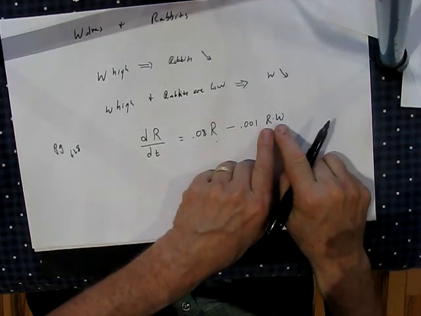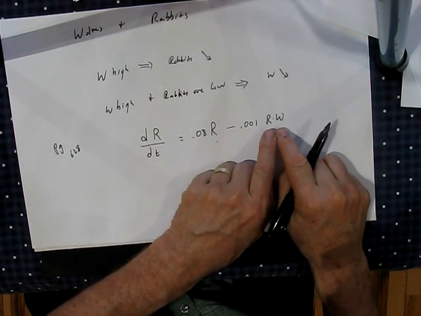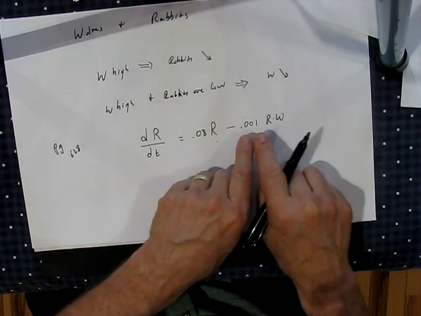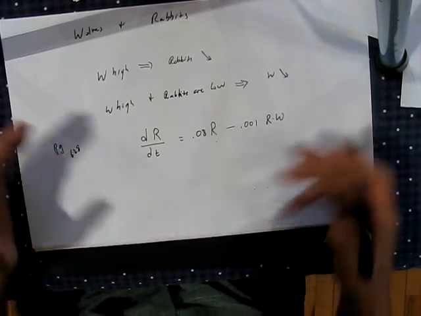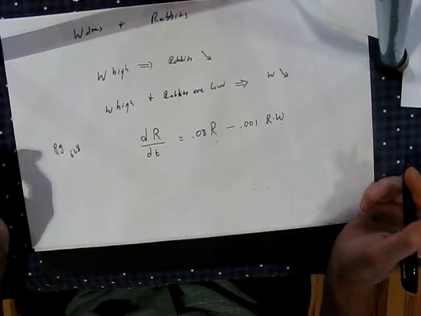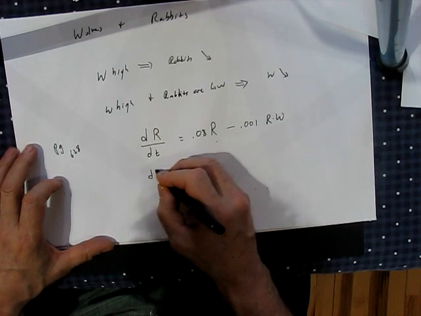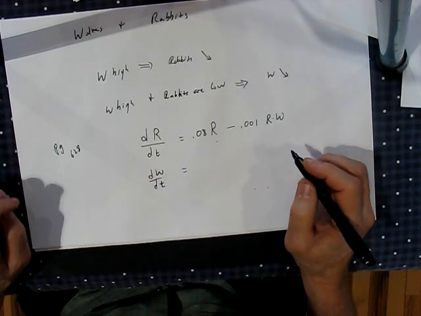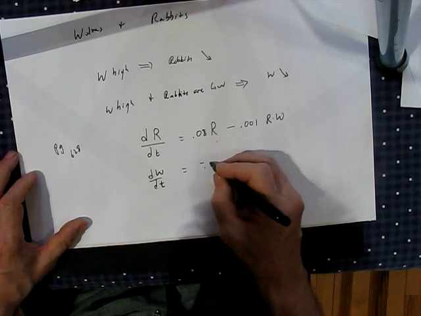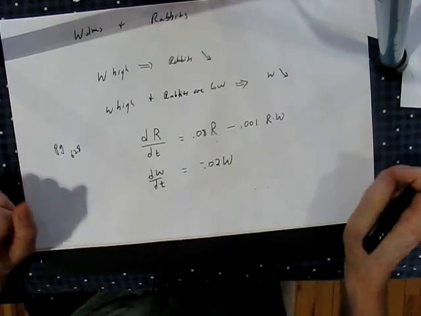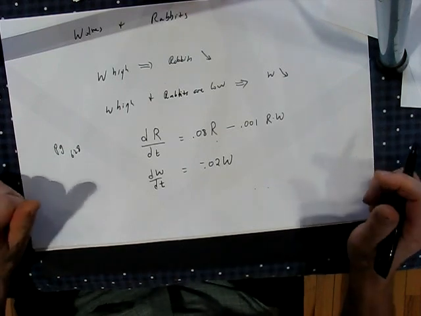So as this number gets large, if there's a large number of wolves or if there's a large number of rabbits, the product is large, this will suppress the rabbit reproductive rate. In fact, this can overwhelm this and the rabbits can start decreasing. Then we're going to do the same thing with the wolves. We're going to say that the wolves gain through time. First off, if there are too many wolves, we're going to claim that their population is going to drop off.